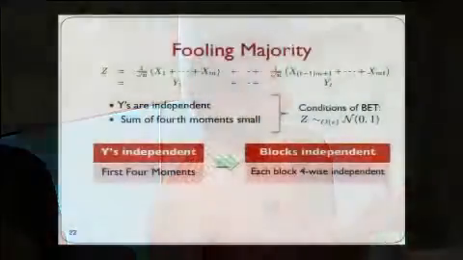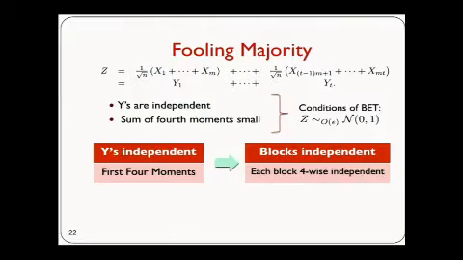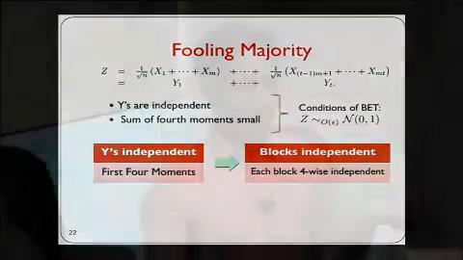And we can ensure this by generating the xi's so that the different blocks are independent of one another, and within each block the xi's are 4-wise independent, so that you preserve the first 4 moments of the yi's.